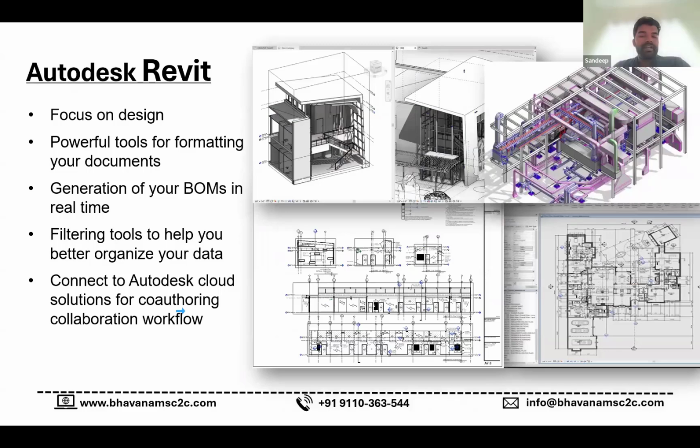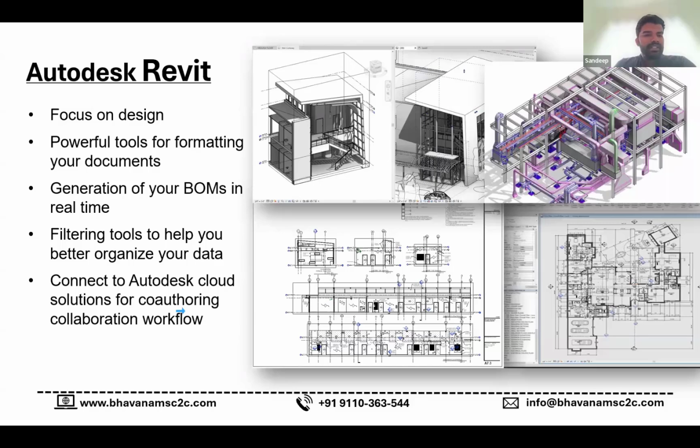Okay, so you can generate the BOQs in real time. We can also filter whatever information you want from the particular 3D model. Another advantage here is that you can also connect this Revit software to the cloud platform called Autodesk Construction Cloud, which I will talk about in a while, right?